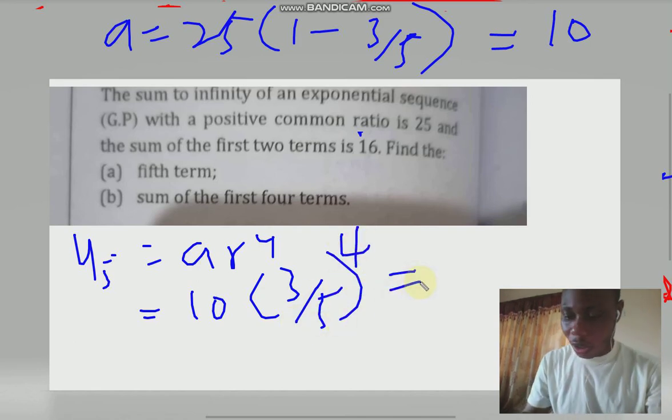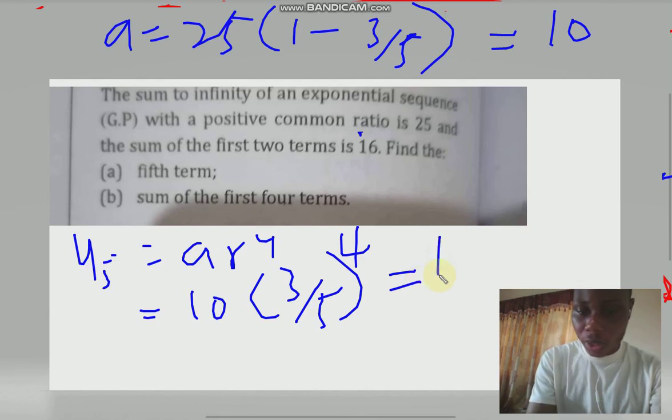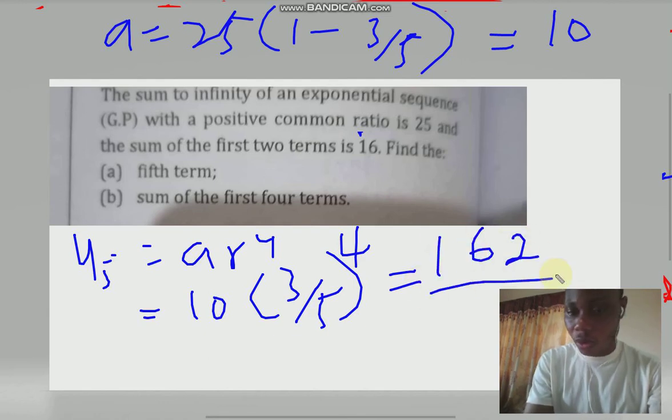You put this on the calculator: 10 times 3 on 5 to the power 4. That should give me 162 over 125. Right.